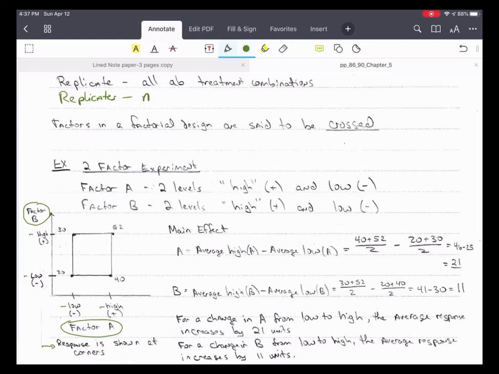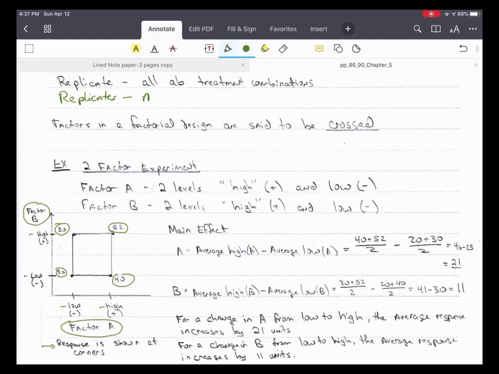So this would be a 30 when factor A is low and factor B is high, 20 when factor A is low and factor B is low. And then we have 52 when factor A is high and B is high, and 40 when factor A is high and factor B is low.